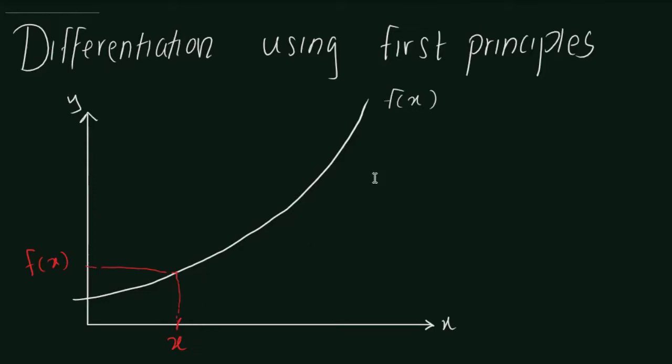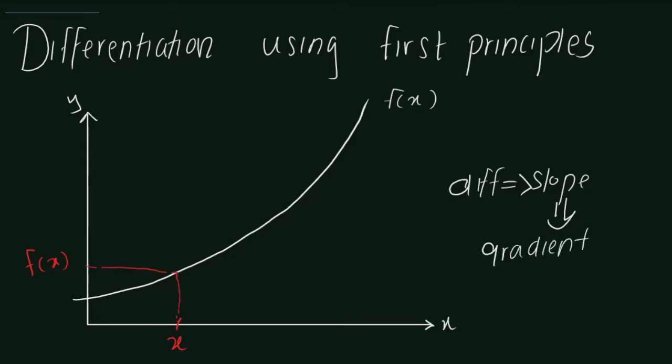First of all, what you need to understand is what differentiation means. Differentiation is the slope, or else the gradient, of a certain given point. This is the basic idea, not the definition.